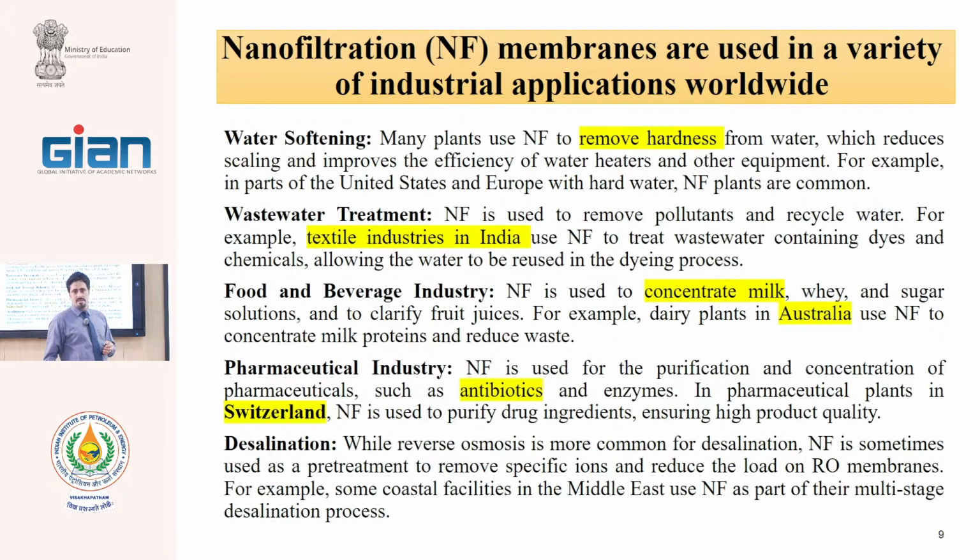UF cannot separate them, and we usually use nanofiltration for concentration, and in some cases purification of the drugs. In the production line of the drugs, we use nanofiltration for purification and concentration.